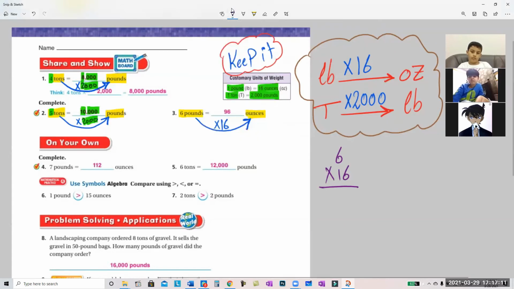Firstly, 6 multiplied by 6 equals 36. So 6 and carry 3, right? And 6 multiplied by 1 equals 6, and 3 more is 9. So it will be 96. So that's our answer. Yeah, great. Thank you so much, Fahd.